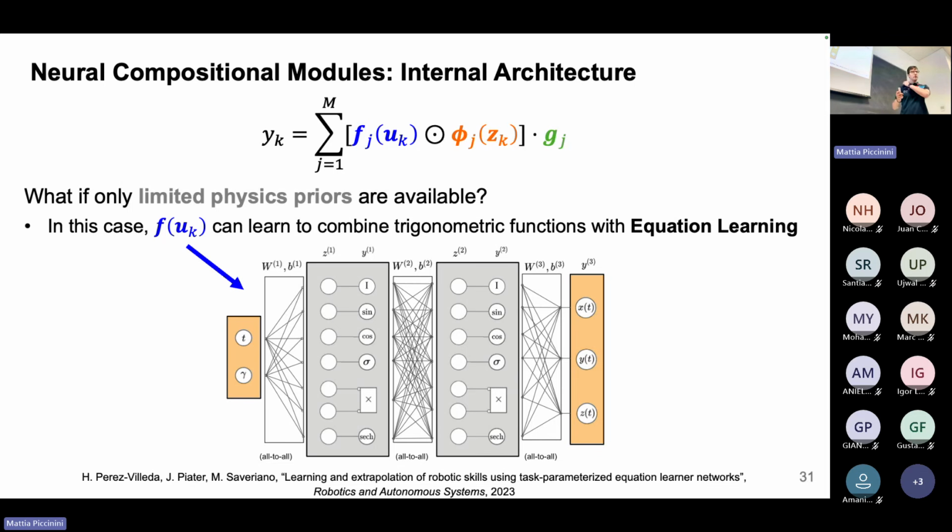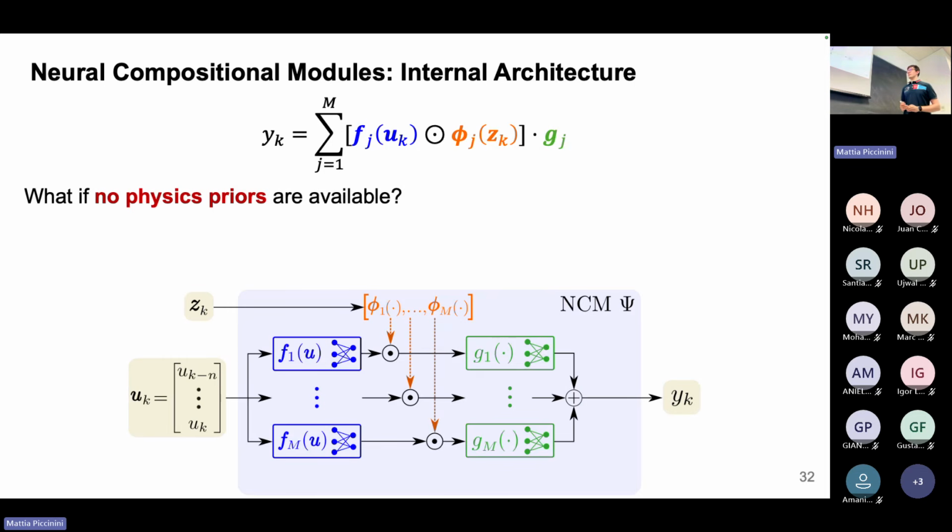These are in your dictionary, but you can let your f functions inside your neural compositional module learn the best representation using a set of dictionary functions that you predefine. So there are a lot of possibilities in the design of the F blocks, while still keeping the rest of the model interpretable, with its formulation.